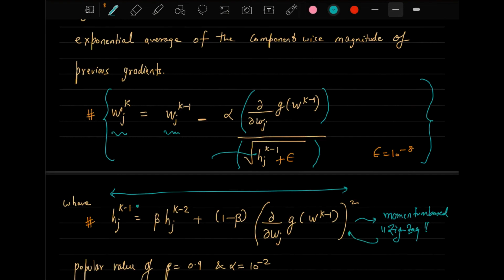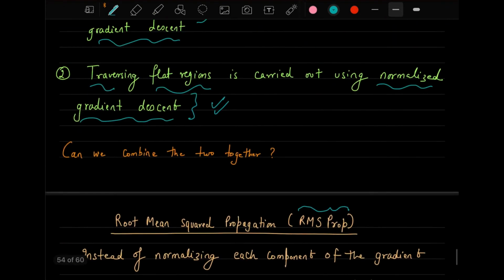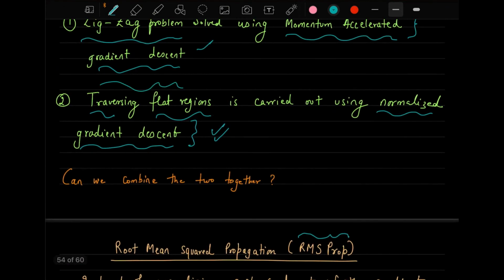And when you fuse this equation into the denominator here, this problem which we are tackling by dividing the derivative of Wj by the corresponding magnitude in the Wj direction, this type of approach avoids the problem of traversing flat regions, using normalized gradient descent.